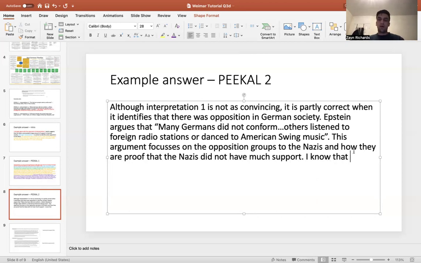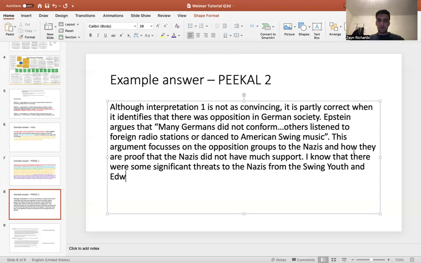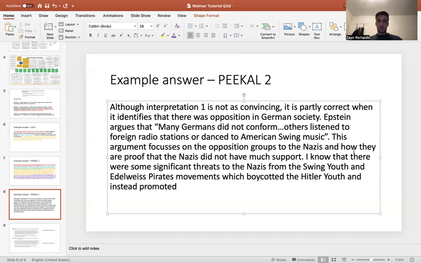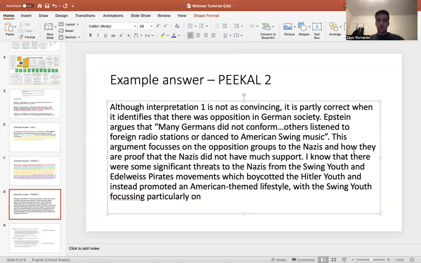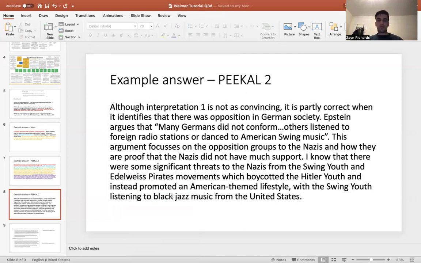I know that there were some significant threats to the Nazis from the Swing Youth and Edelweiss Pirate movements, which boycotted the Hitler Youth and instead promoted an American themed lifestyle, with the Swing Youth particularly celebrating or listening to black jazz from the United States.